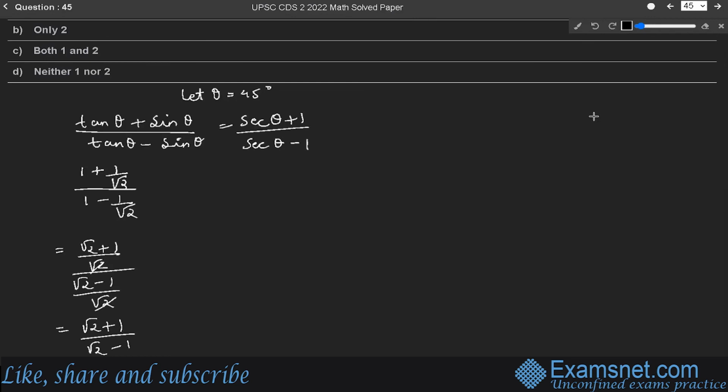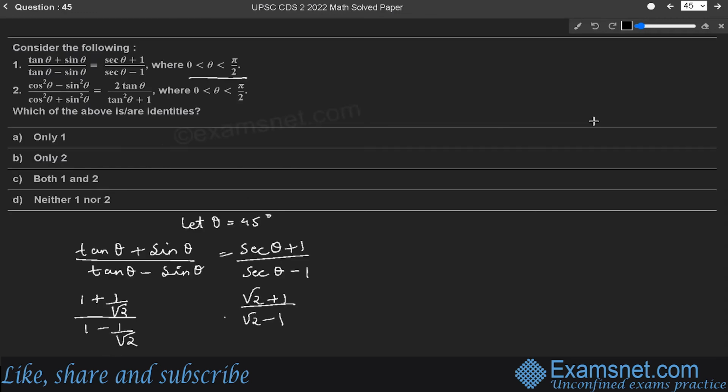This is the value for the left hand side. Now let us see the right hand side, which is sec theta plus 1. Theta is 45, sec 45 is root 2 plus 1 and again sec 45 is root 2 minus 1. You can see that left hand side is equal to right hand side. It means that the first statement is correct.